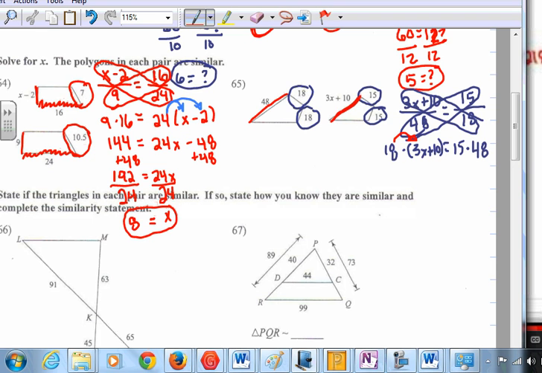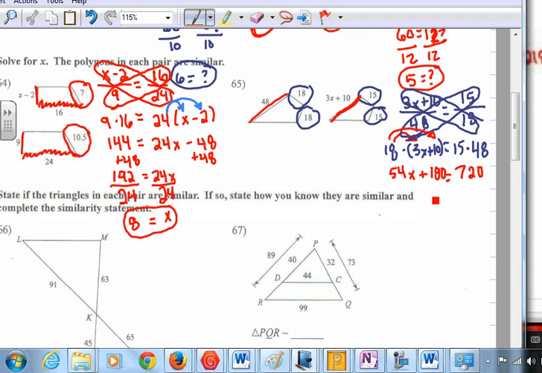18 times 3x is what? What is 18 times 3? 18 times 3 is 54x. 54x plus 18 times 10 is 180 equals, what's 15 times 48? 15 times 48 equals 720.